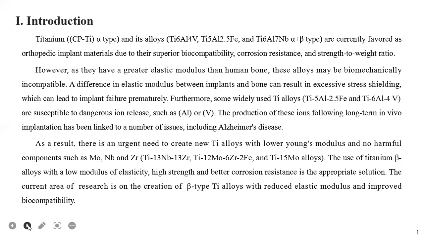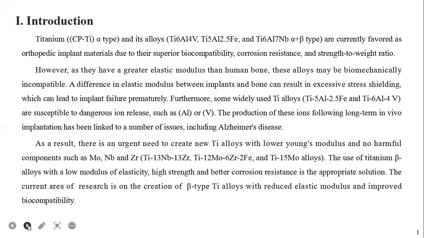As a result, there is an urgent need to create new titanium alloys with lower Young's modulus and no harmful compounds. Titanium beta alloys with a low modulus of elasticity, high strength, and corrosion resistance are the appropriate solution.